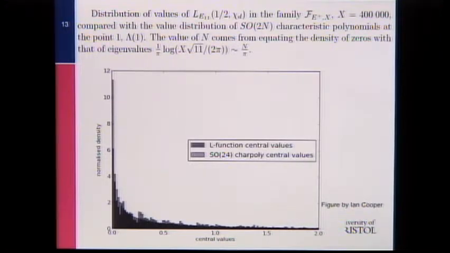But then we see there's a kind of peak which belongs to L-functions that have the value of c taking the value 1, and then a little dip, and then there's a peak that corresponds to the values of c that are taking the value 2, and so forth. And so it has a kind of bumpy distribution, but the characteristic polynomial is some kind of smooth approximation to that.